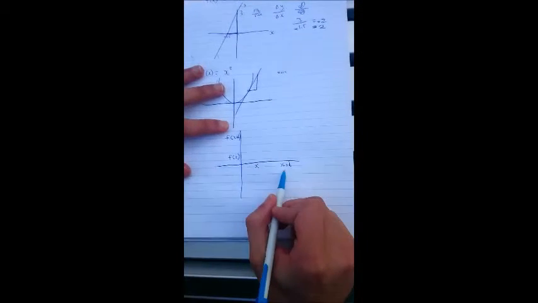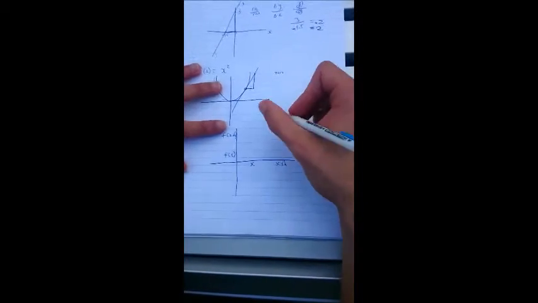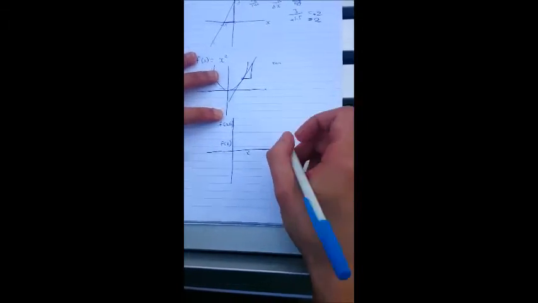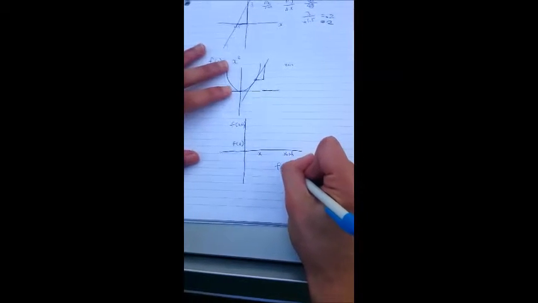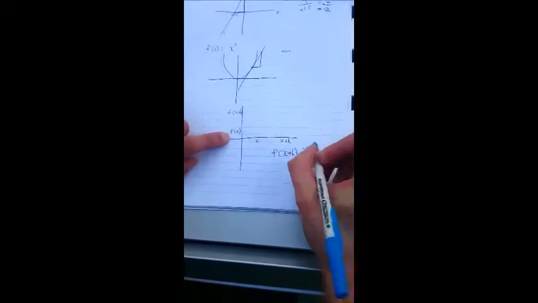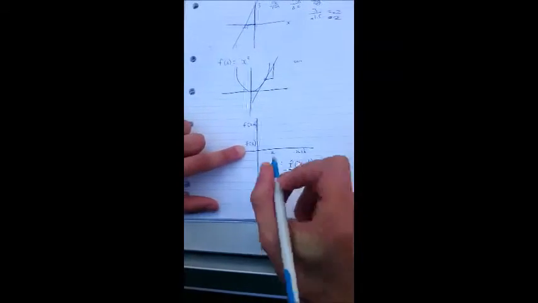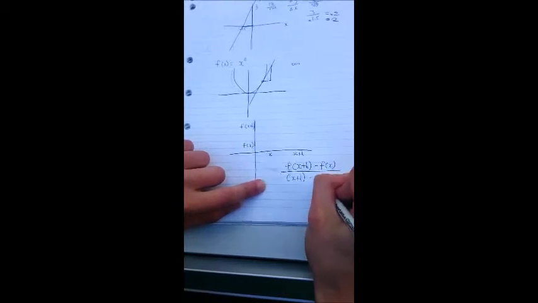So you have f(x plus h) minus f(x), over x plus h minus x.